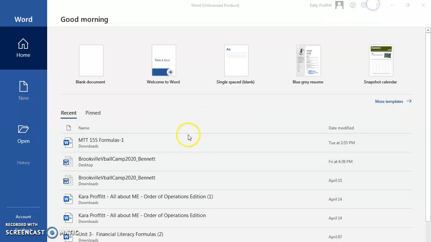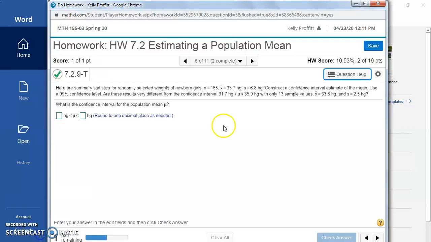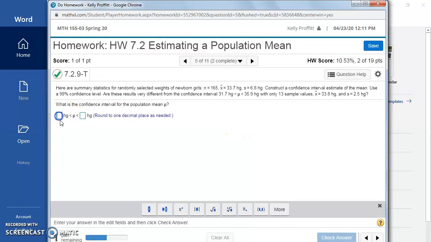Okay, and we'll go back. Let's see if I can find my problem here. Okay, yeah, what's the confidence interval? So the lower limit was 32.3, and our population mean is going to fall somewhere between 32.3 and 35.1, and that is at a 99% confidence level.